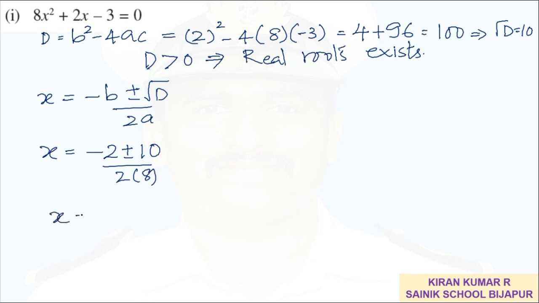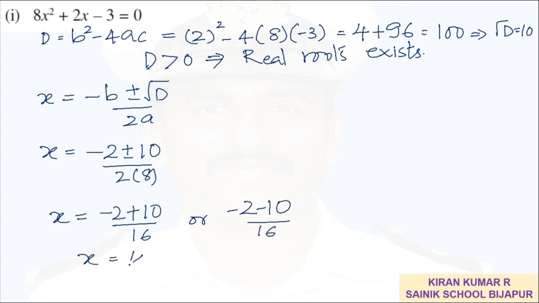So the value of x is negative 2 plus 10 by 16 or negative 2 negative 10 by 16. We would get the result as 1 upon 2 or negative 3 upon 4. The reason is 8 by 16 is 1 upon 2, minus 12 by 16 is minus 3 by 4. These are the roots.